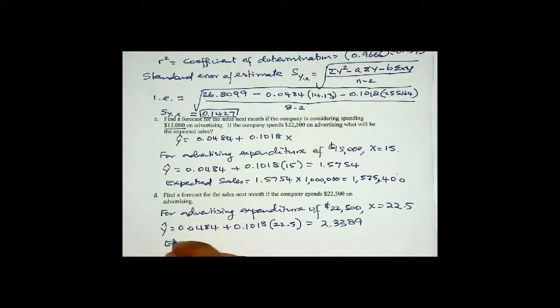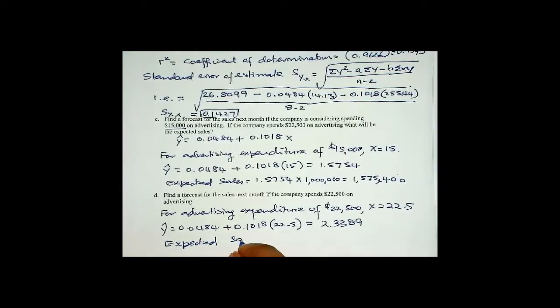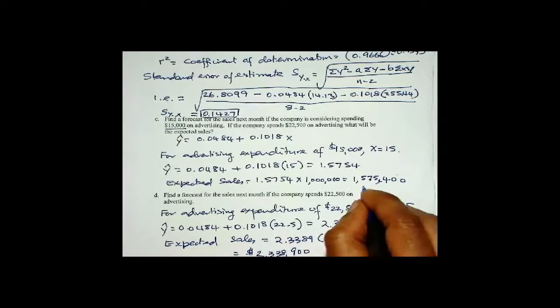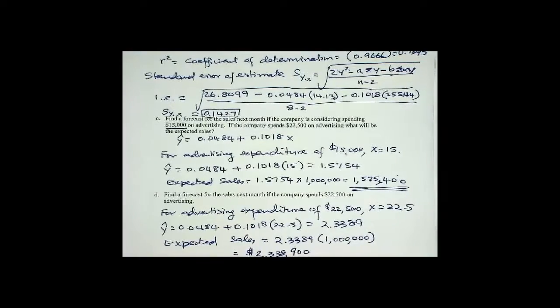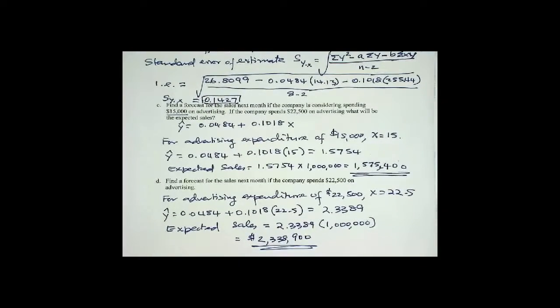Then the expected sales is 2.3389 times $1 million, which gives you the answer as $2,338,900. So you need to pay attention to the units and convert it to the proper units when you use these values.